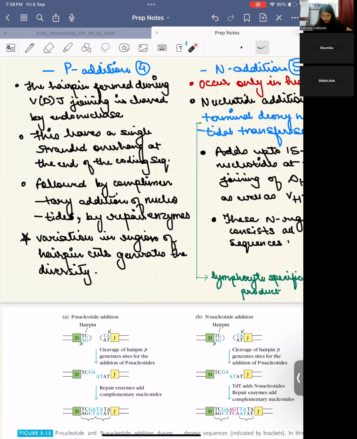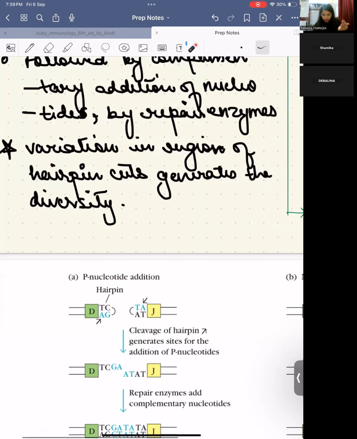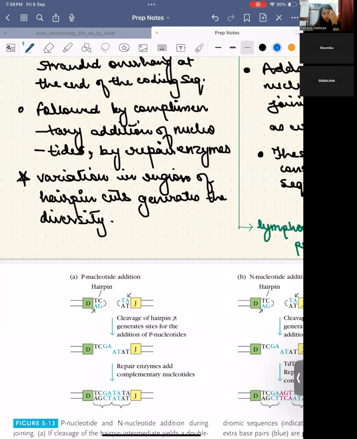If you see here, there is a GA overhang that has formed, and it has been filled up by a CT overhang. Now, since the action of endonuclease here is random, it is also equally possible that instead of the endonuclease leaving a GA and AT overhang, let's say it left a CT and CG overhang on the opposite strands.